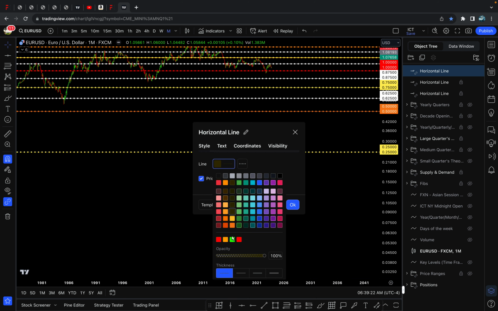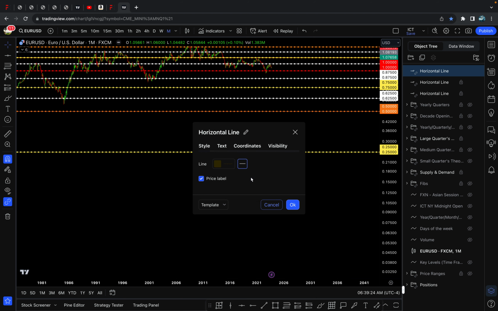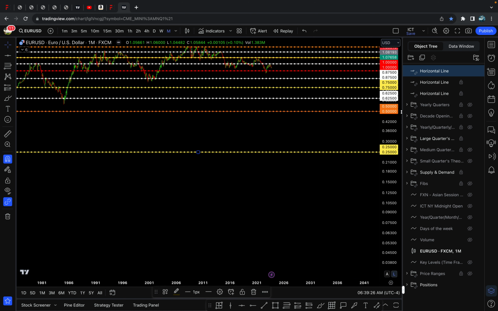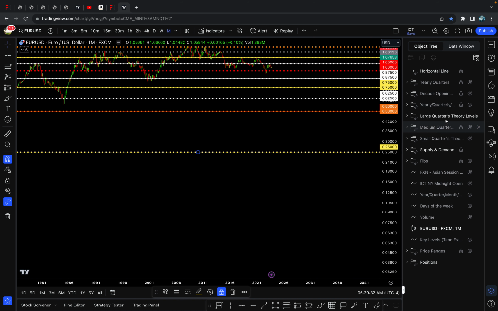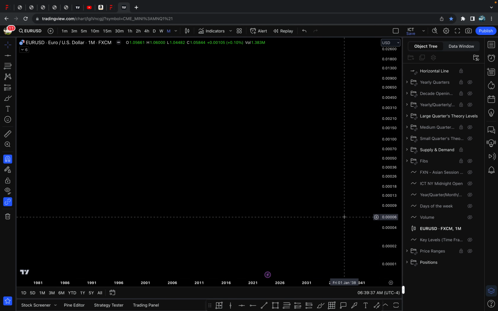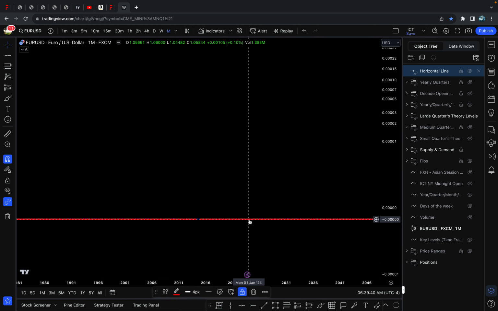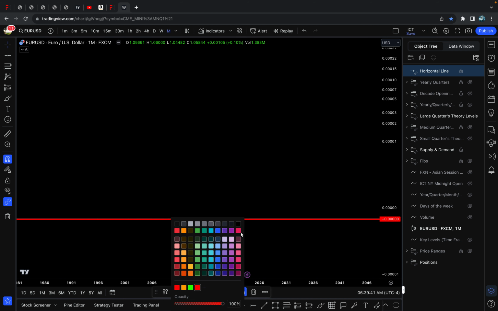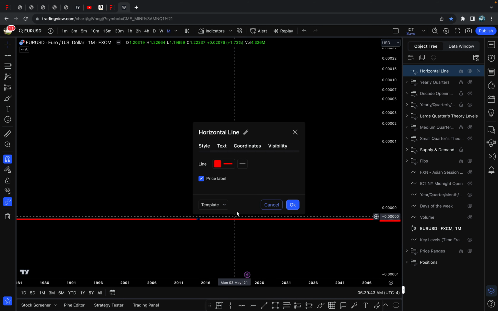So that is how I'm making these levels. Then I take these two and I drop them into the large quarter theory thingies, and then obviously this will be the same thing. I keep forgetting, it won't let me do it on the bottom. Okay, there's that.